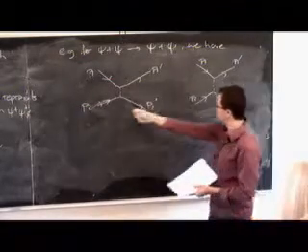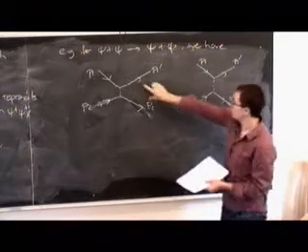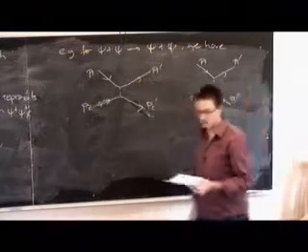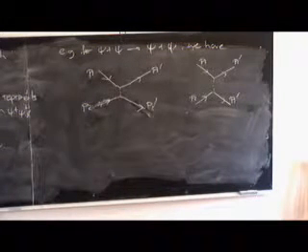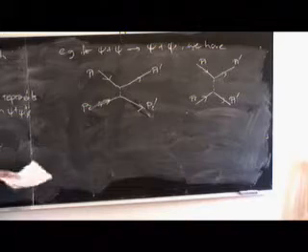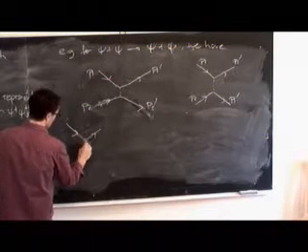This diagram is different from this diagram because these particles here have been exchanged. So these are 2 diagrams, but there are also more complicated diagrams that we could draw. We could draw something like the following.